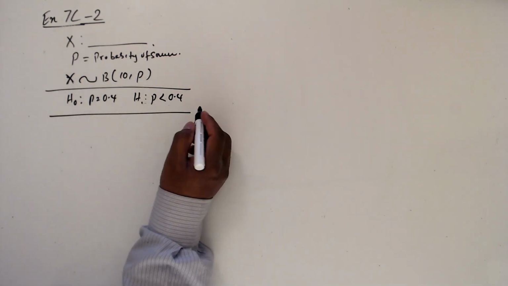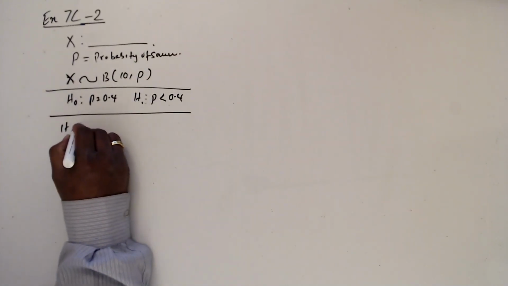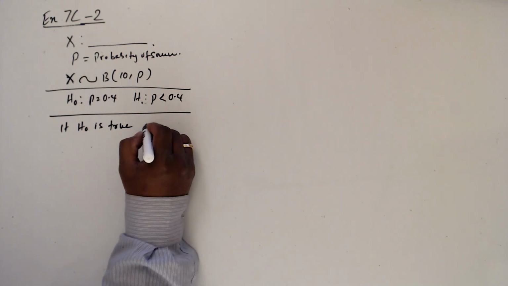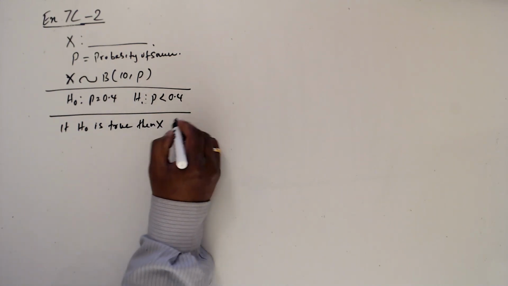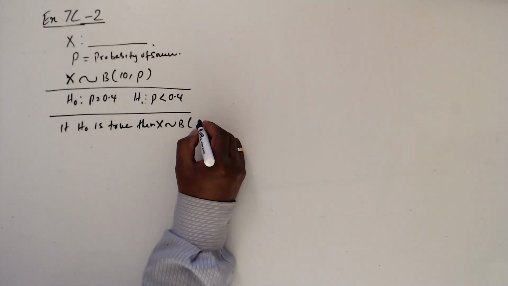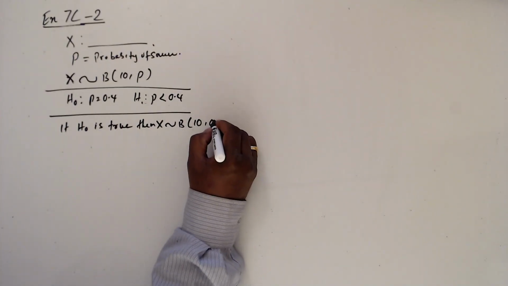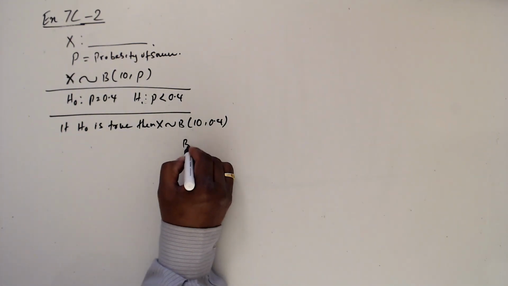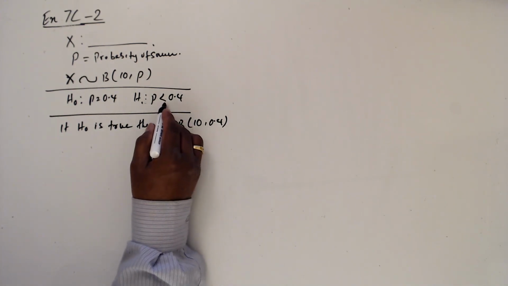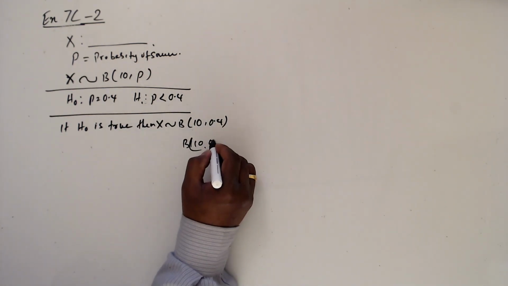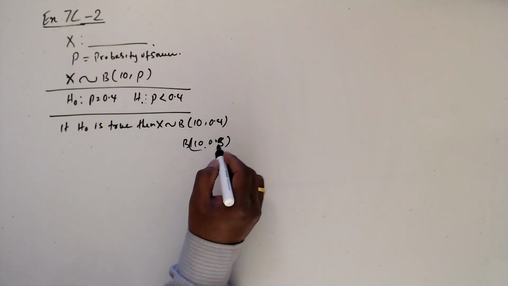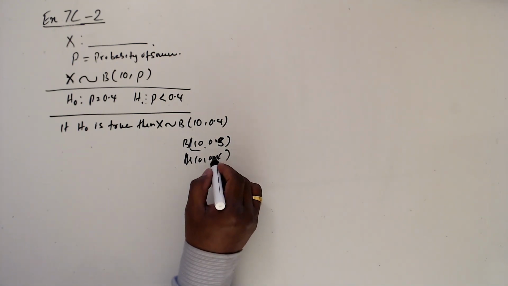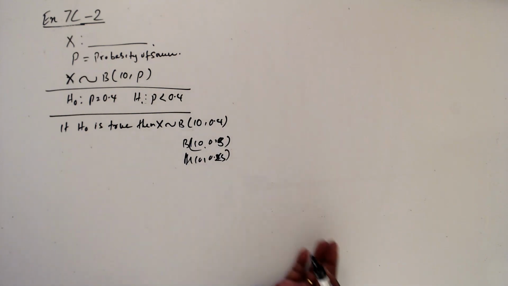This is a one tail from lower, and if H0 is true, then X follows binomial 10, 0.4. If it's not true, it will follow another value of p, something less than 0.4, maybe 0.3 or 0.25, something less than it.